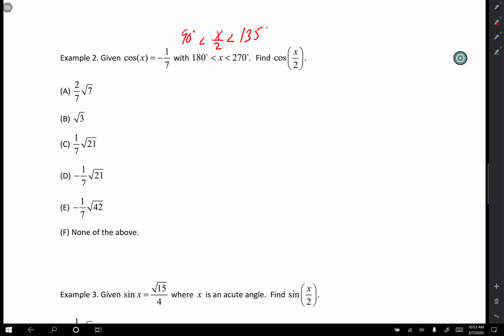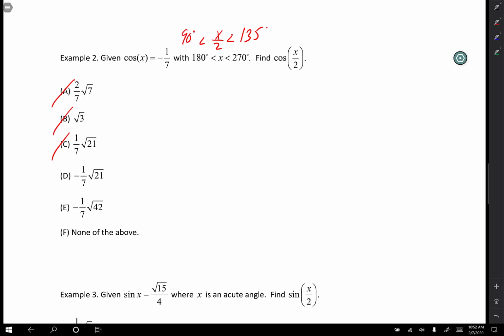Is cosine positive or negative between 90 and 135? It's in quadrant 2, so cosine is negative. Delete, delete, delete. It's between D and E. I guess it could be F. So your chances for guessing correctly just jump.